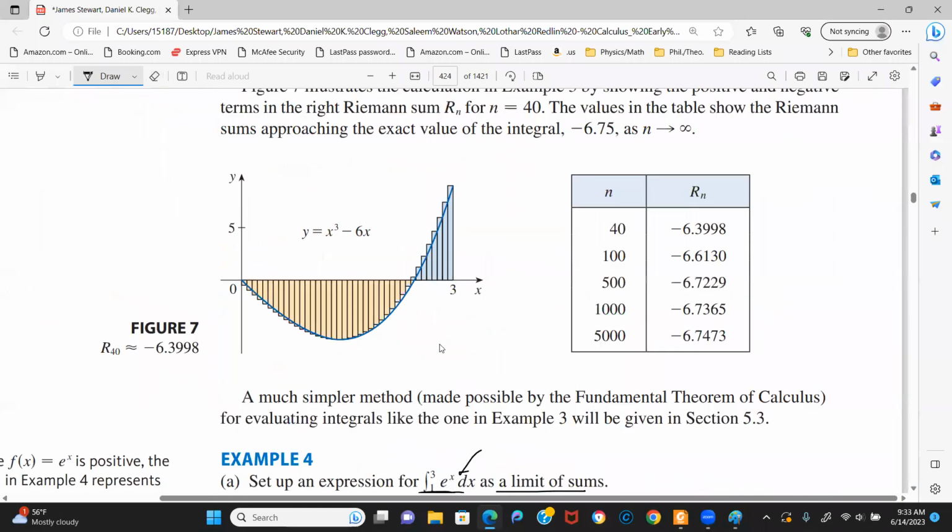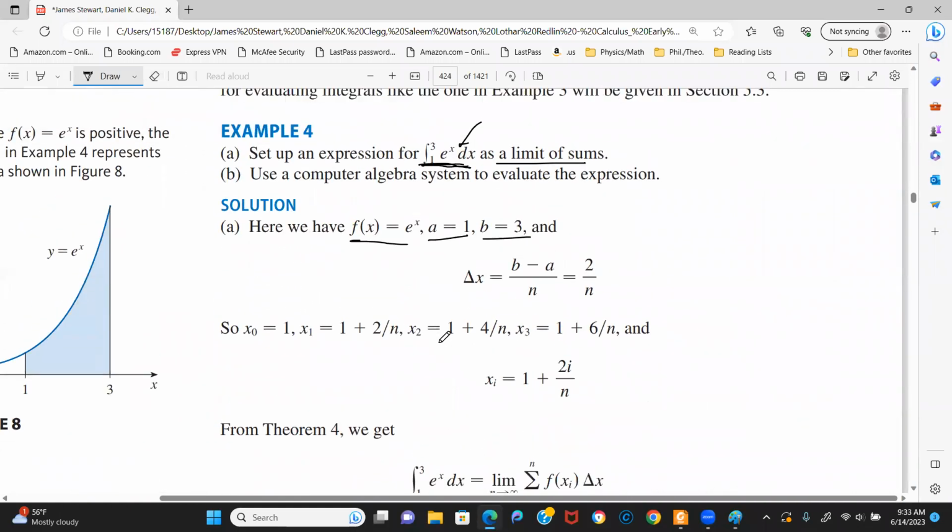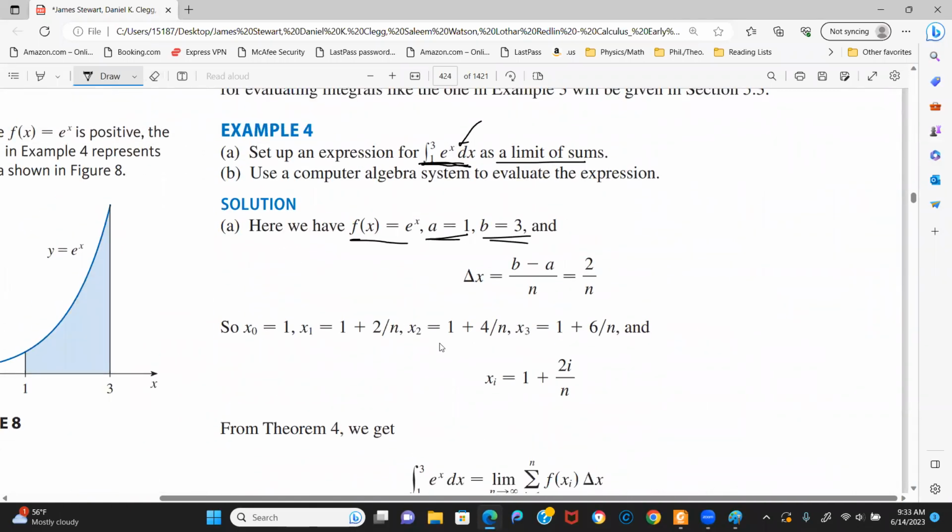All right, so a is equal to 1, b is equal to 3. So delta x is going to be b minus a over n, which simplifies to 2 over n. And your right endpoints are going to be a plus i delta x.